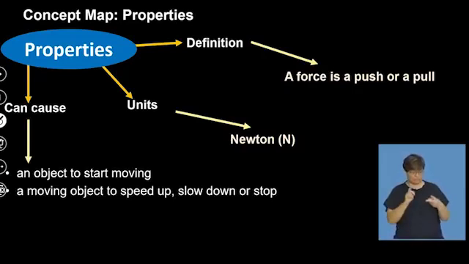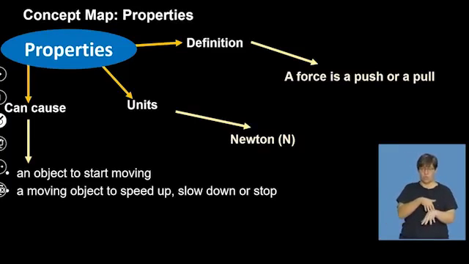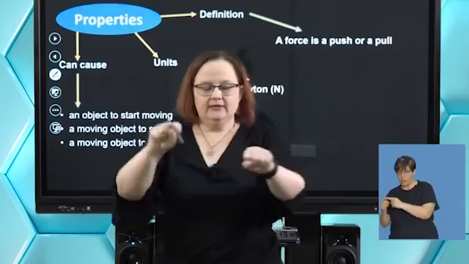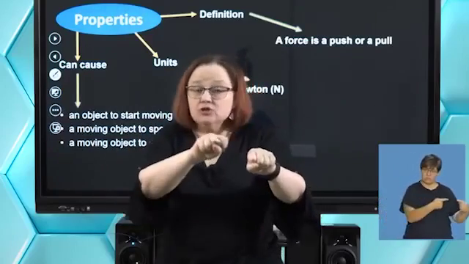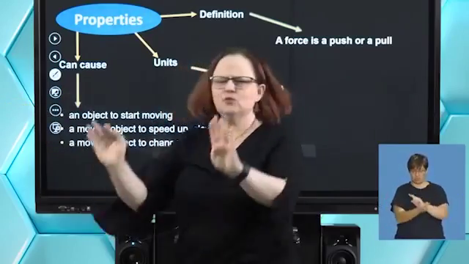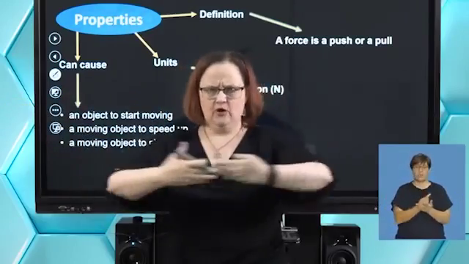It can make an object slow down, speed up, or stop. And these are all good things. It can also make it change direction. Now that we saw when it slowed down, remember with the two, when we had the nice big blue one, it slowed it down, it stopped, and then it changed direction. It doesn't always have to be horizontal.